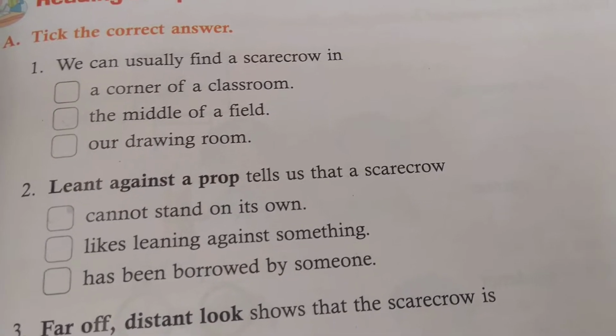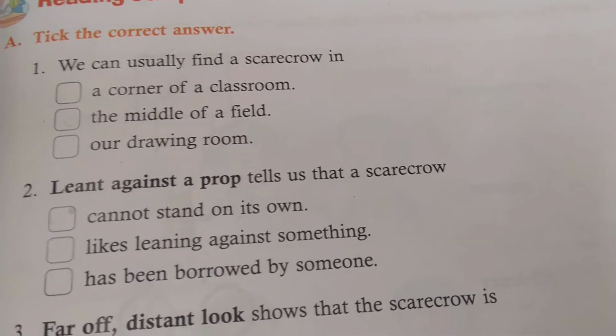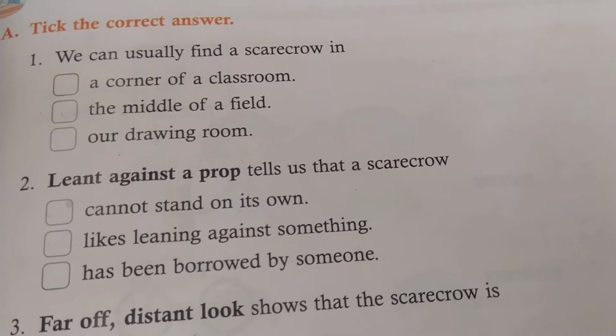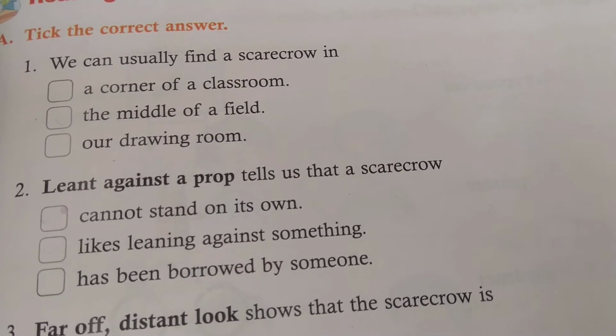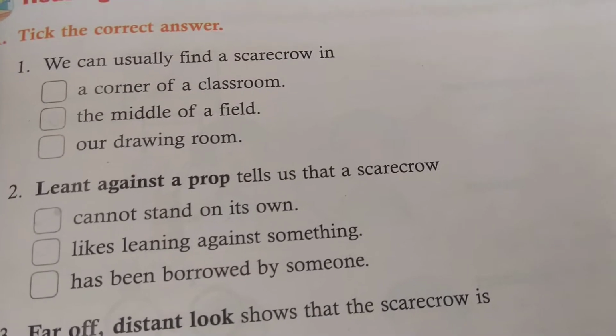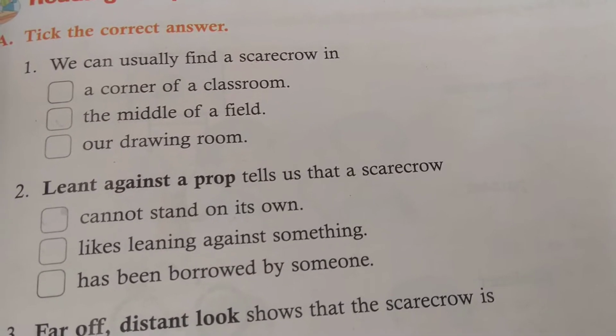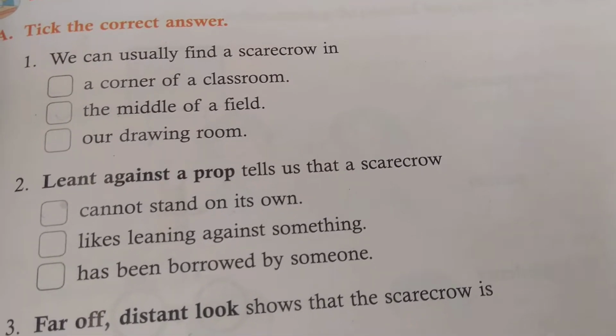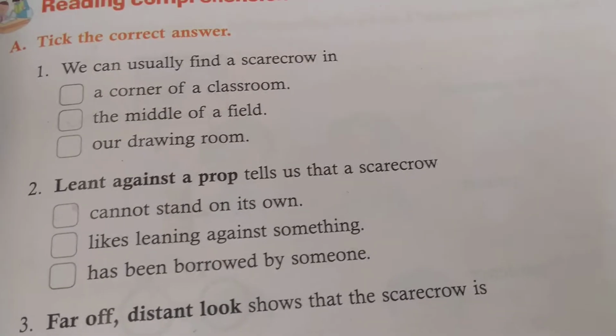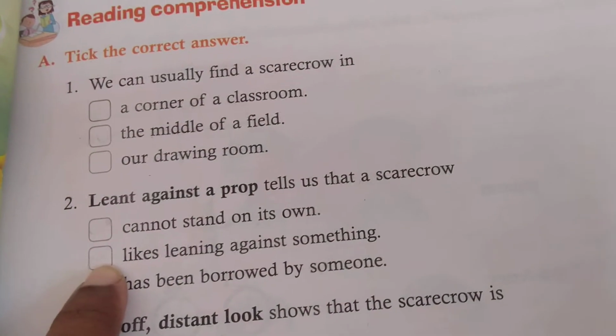So both can be right. Suppose it is asked as a 2 mark question, you should say that it can't stand on its own. So therefore, it's always leaned against a prop, right? So second one, as per poem, this option is correct.